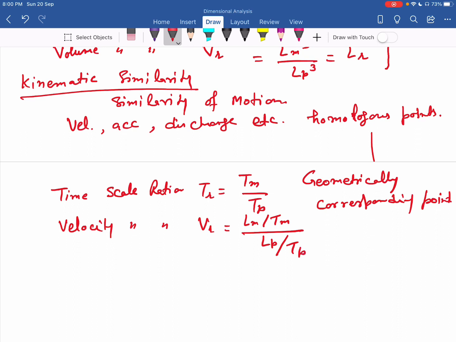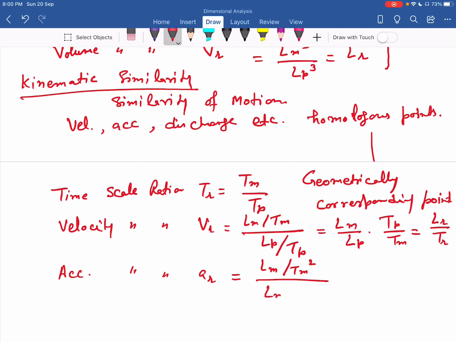So I can write it as LM upon LP into TP upon TM, that is, length scale ratio divided by time scale ratio. We have the acceleration scale ratio, AR. We can write it as LM upon TM square divided by LP upon TP square.